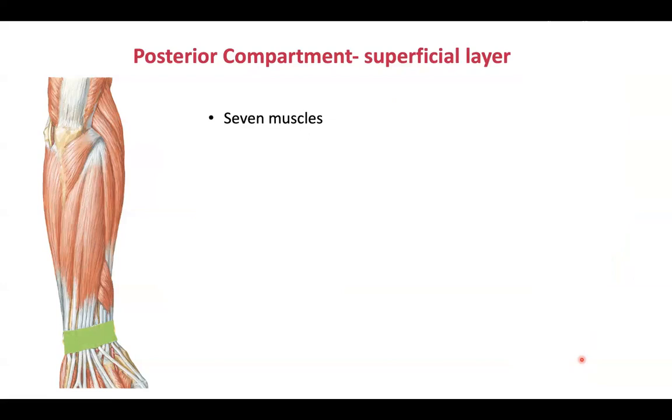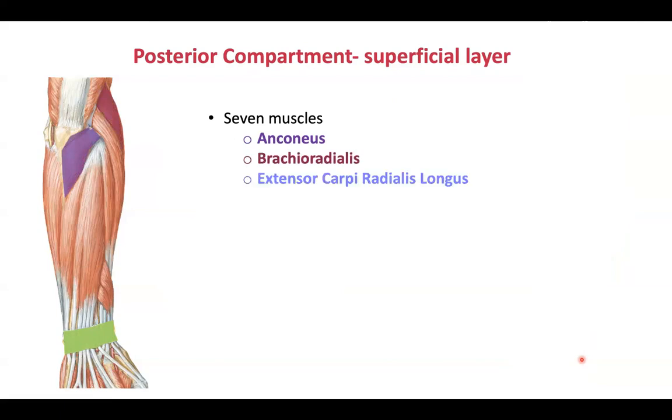So first, let's see the muscles in the superficial layer. There are 7 muscles in the superficial layer. We have anconeus, we have brachioradialis muscle, we have extensor carpi radialis longus muscle. If there is longus, there needs to be brevis. So we have extensor carpi radialis brevis muscle.